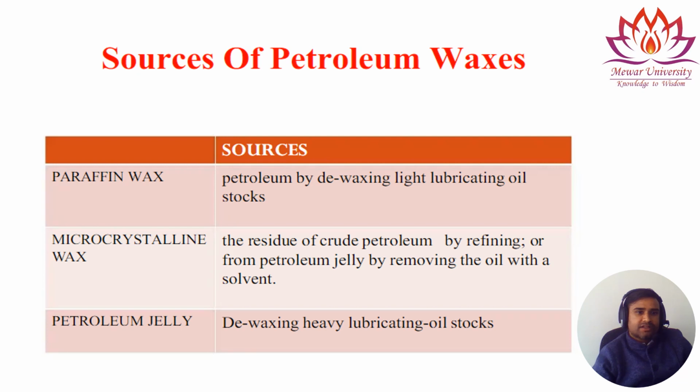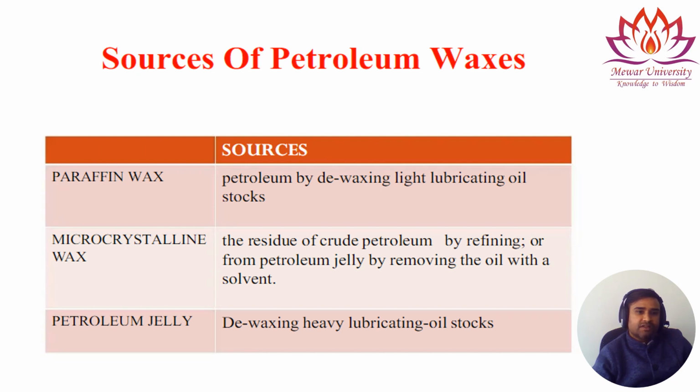And microcrystalline wax is a residue of petroleum crude oil by refining, or from petroleum jelly by removing the oil with the solvent. So it comes from the refining of the crude oil, and from removing the oil with the solvent.